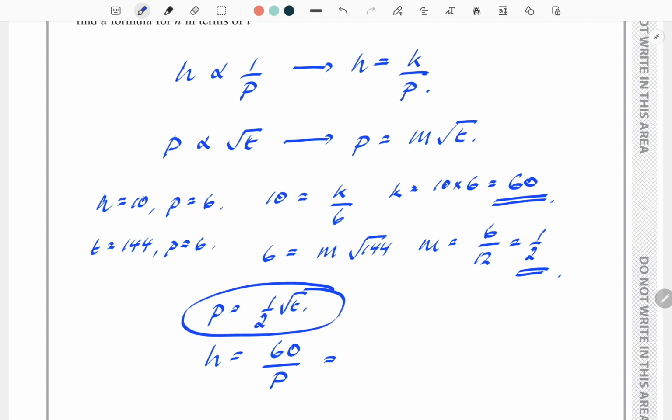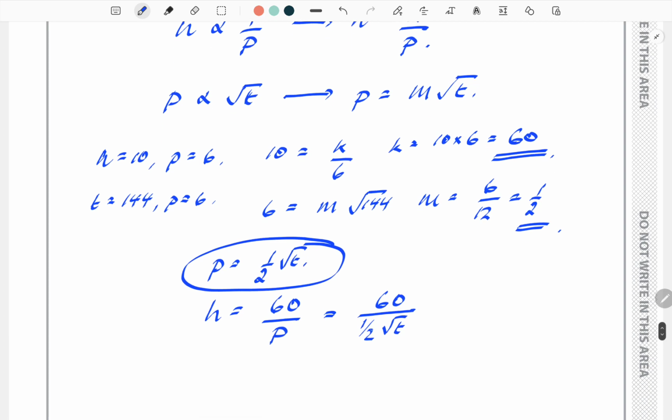Replace it with this, okay, and that equals 60 over half square root of t. All right. Now remember, we're dividing the 60 by a half. So how many halves are there in 60? That comes out to be 120 over square root of t.